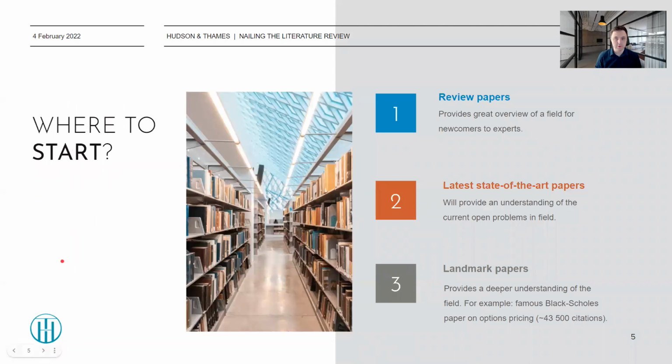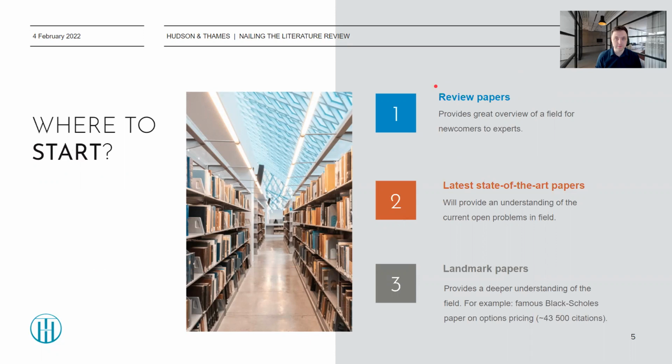So let me go into a bit more detail. Once you have found some high quality journals, where do you actually start with a literature review? If you're very new to a field, I would highly recommend looking at review papers. These are often written by the experts in the field, which will give a good overview of the current topics in the field and the past things that have been discovered.